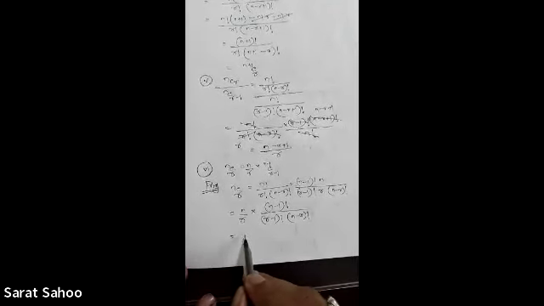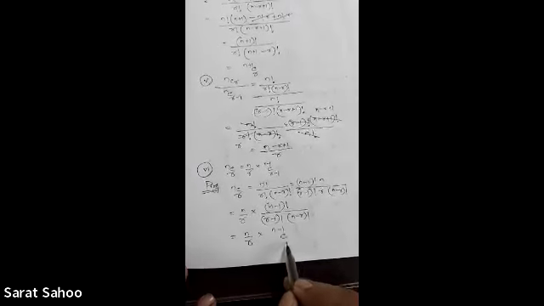This is equal to n by r into (n minus 1)C(r minus 1). Clear?